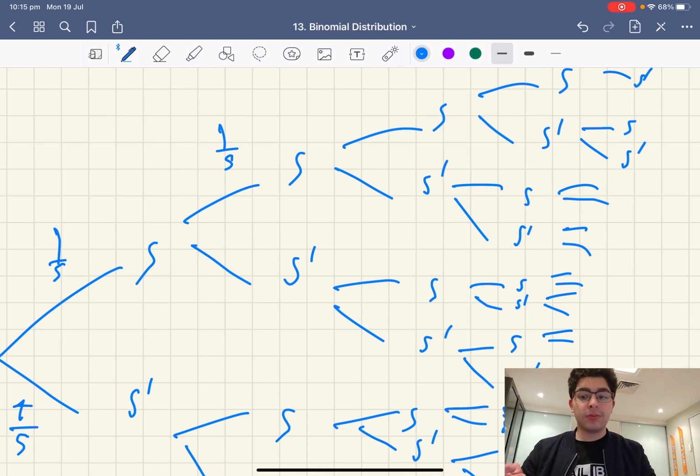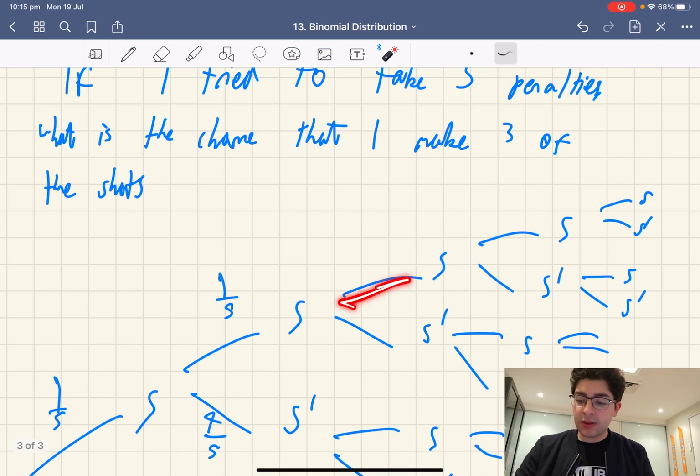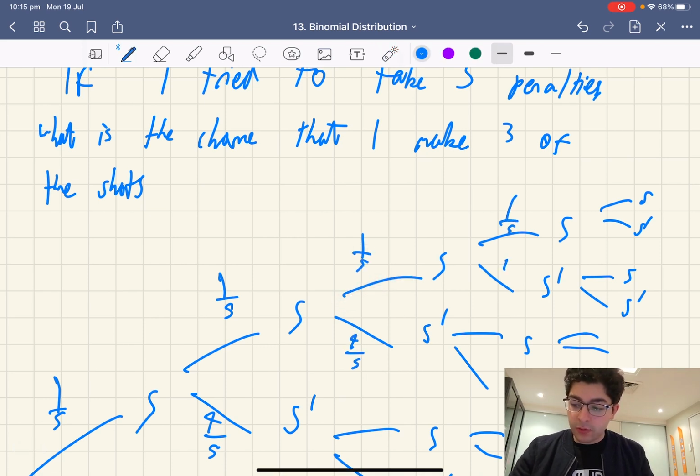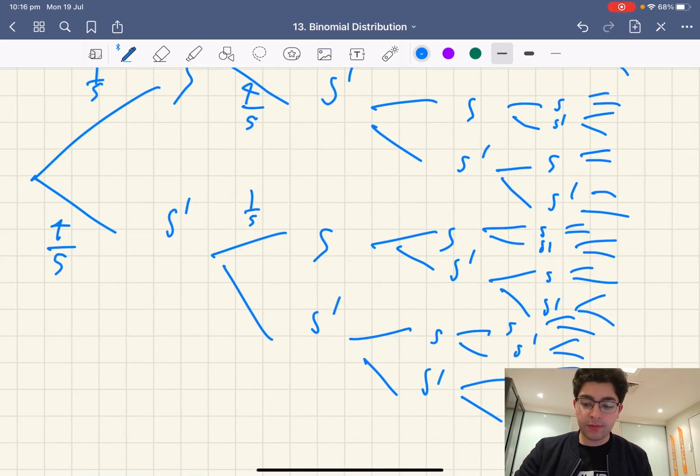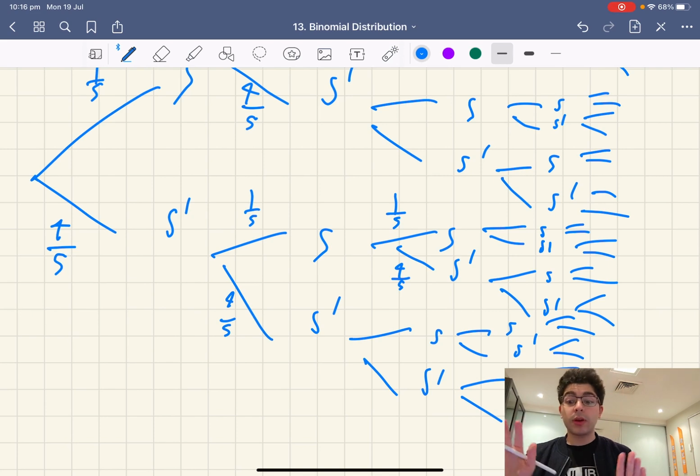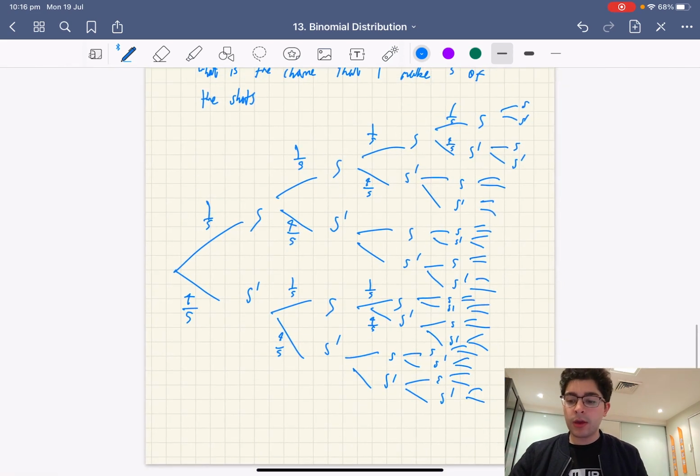We're just having another attempt at it. Same thing, 4/5 here. Similarly, chance of this here, 1/5, 4/5, 1/5, 4/5, so on and so forth. You get the idea. Similarly, 1/5, 4/5, 1/5, 4/5, so on. It goes on for ages. So as you can see, a lot going on here.